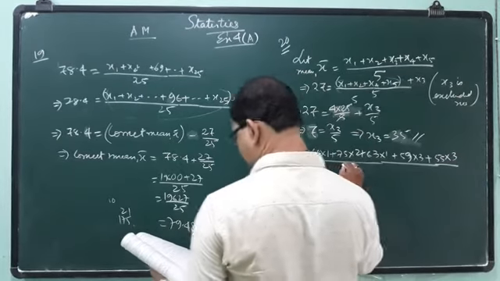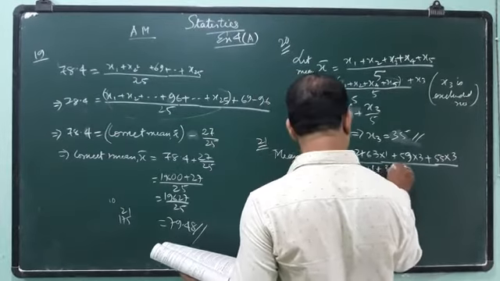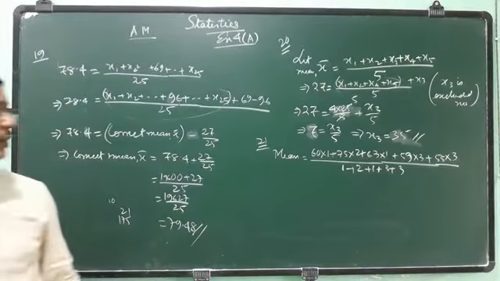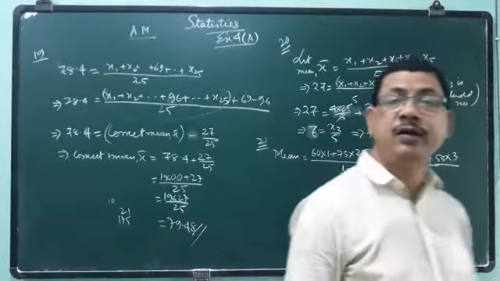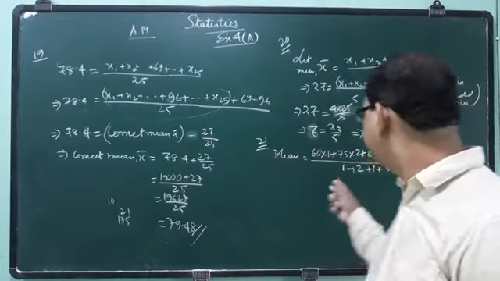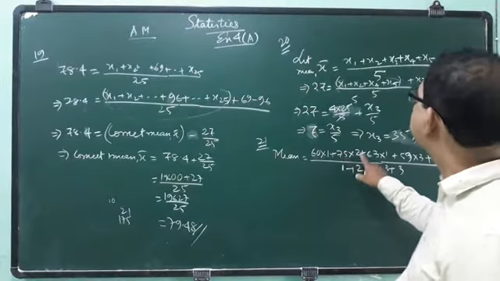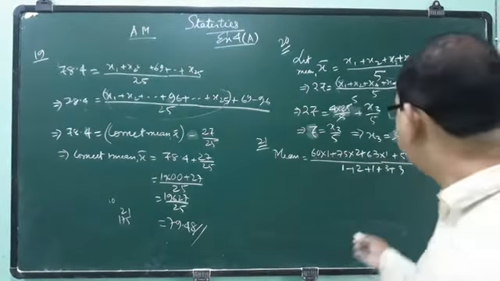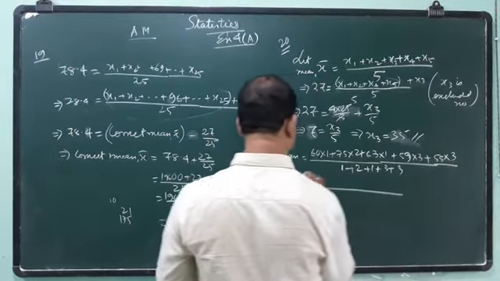Whole thing divided by the total weight, that is 1 plus 2 plus 1 plus 3 plus 3. So that is the rule or formula. Every term is multiplied by its weightage; this term has weight 1, this term has weight 2, and so on.